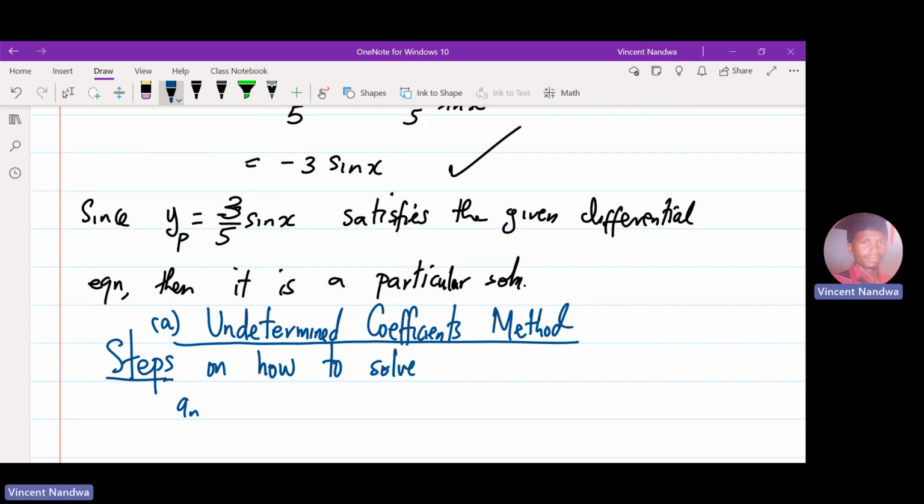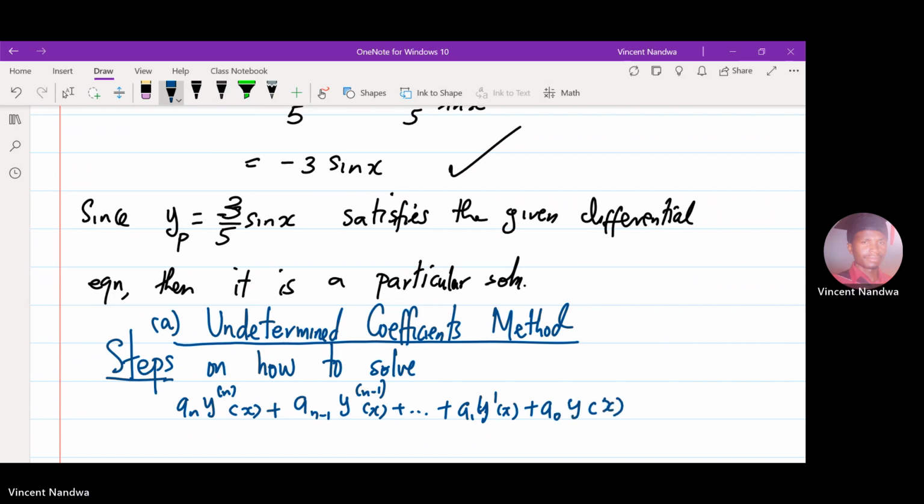The equation a_n y^(n)(x) plus a_(n-1) y^(n-1)(x) plus a_1 y'(x) plus a_0 y(x) equals g of x. So remember, in all these cases, g of x is a non-zero function.